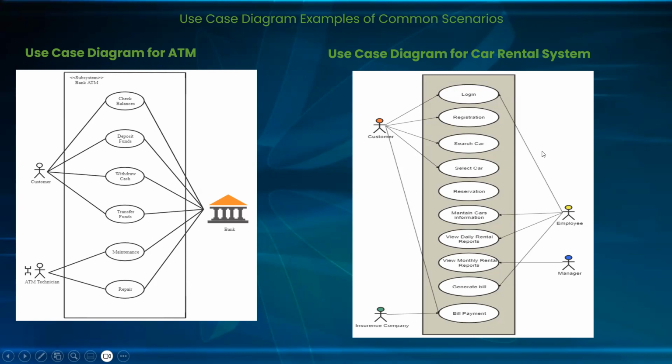Now, if you look at the second diagram, which is a car rental system, we can see the employee, the manager, the insurance company, and the customer. We can see how all the actors are linked to each use case. And also all the use cases are within the boundary, which is the system.